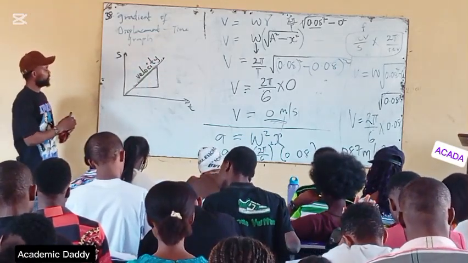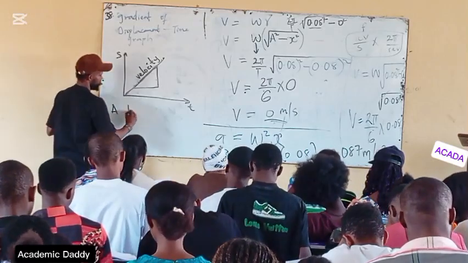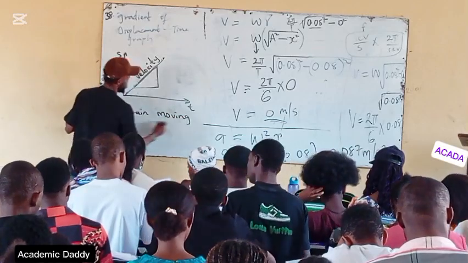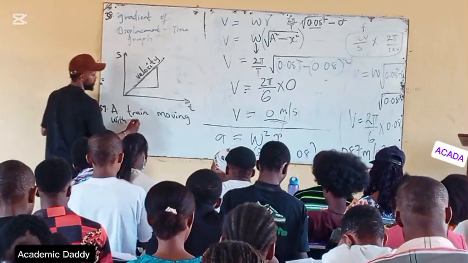A train moving with a velocity of 72 kilometers per hour.